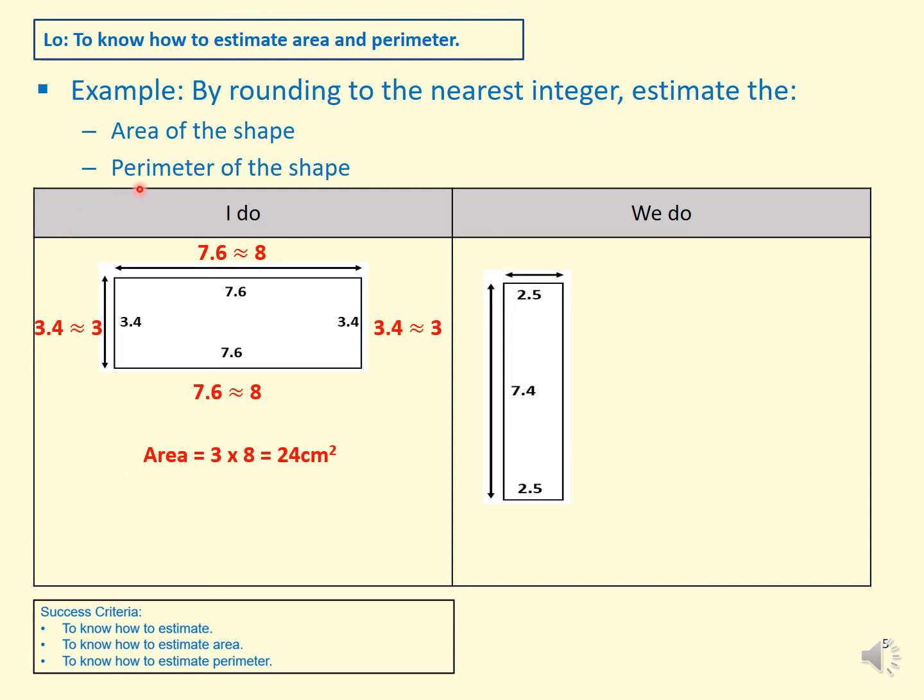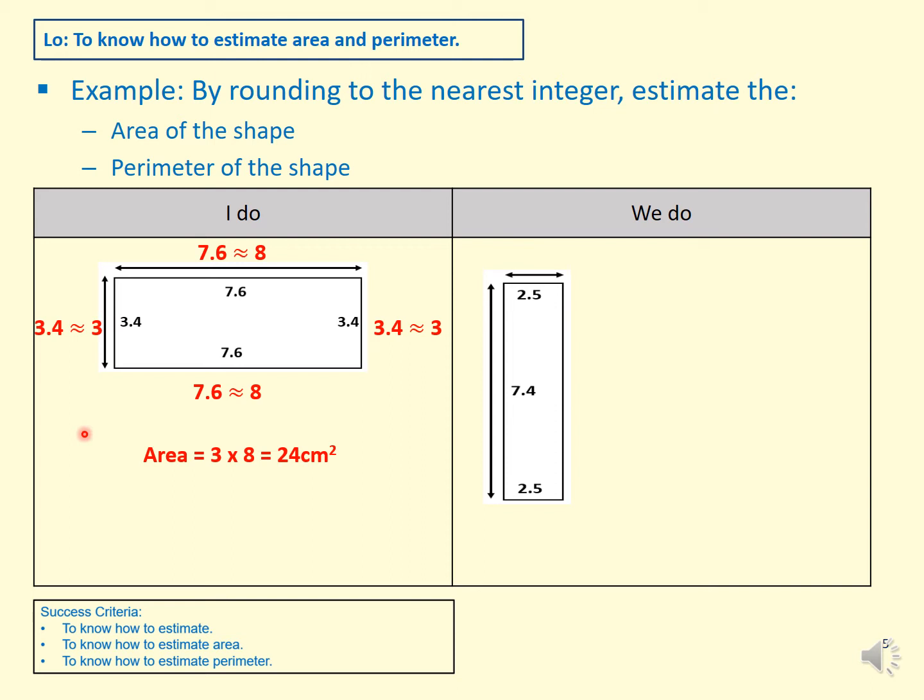The second part of the question was asking me to find the perimeter of the shape. If you remember, for any shape, if you're finding the perimeter, you start from one point and go all around the shape and add everything. So in here, for the perimeter, I go around the shape, add 8, add 3, add another 8, add another 3.